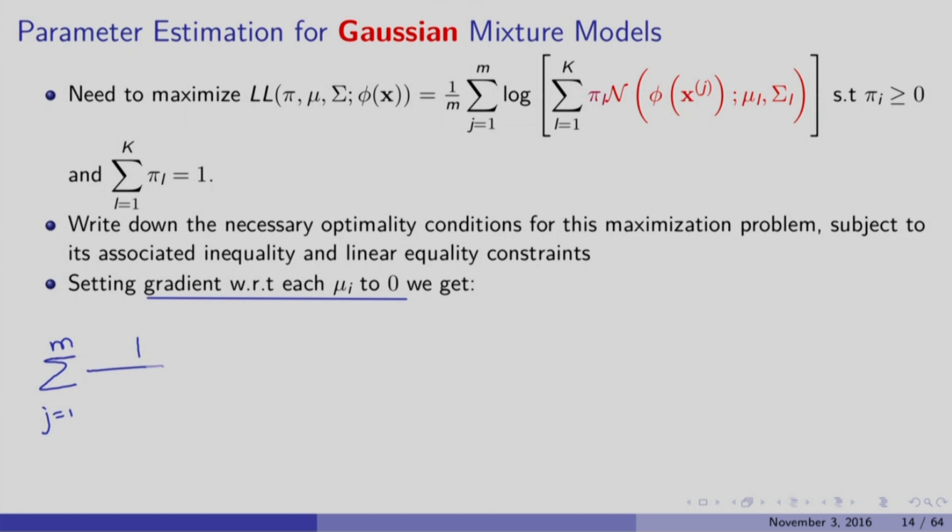So by chain rule we would first have 1 divided by the factor that sits inside the log.